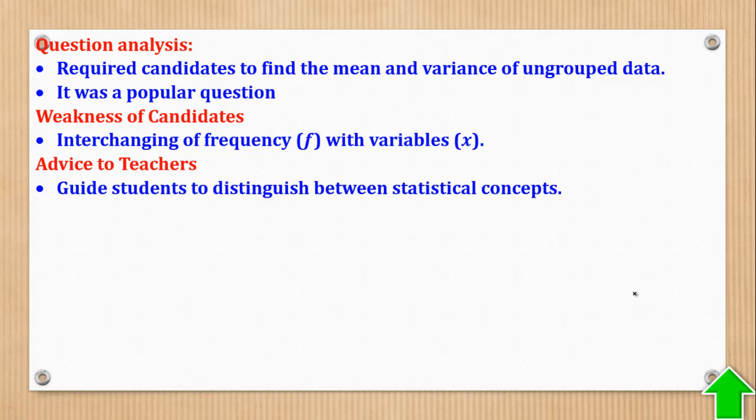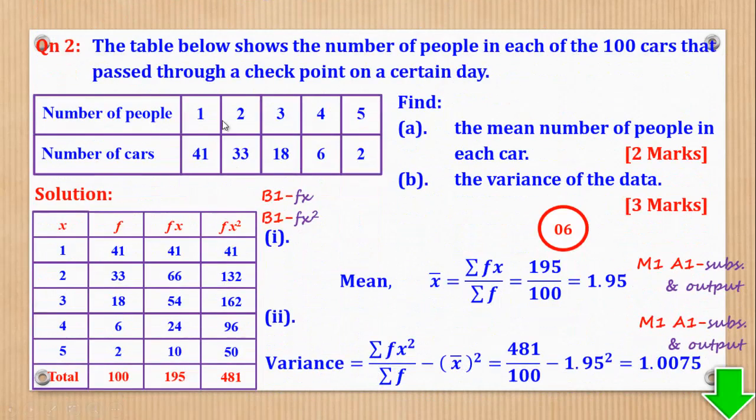Now here, what confused students is that both had the word number. So how do you distinguish which one is x and which one is y? You look at the question. The question said mean number of people. Mean number of people. So what is put here becomes x. If they had said mean number of cars, then this would be x.